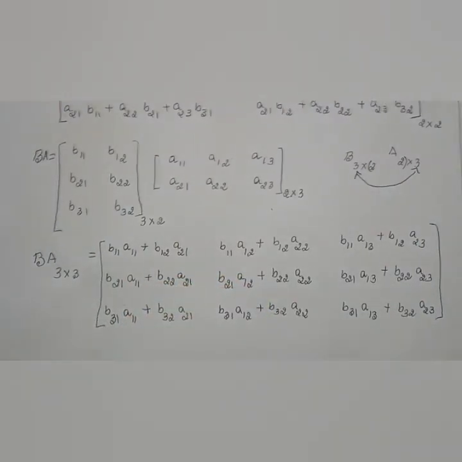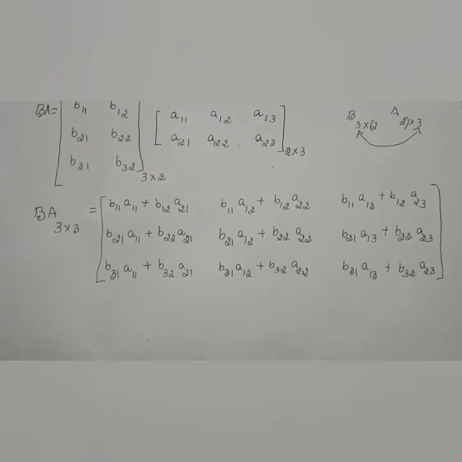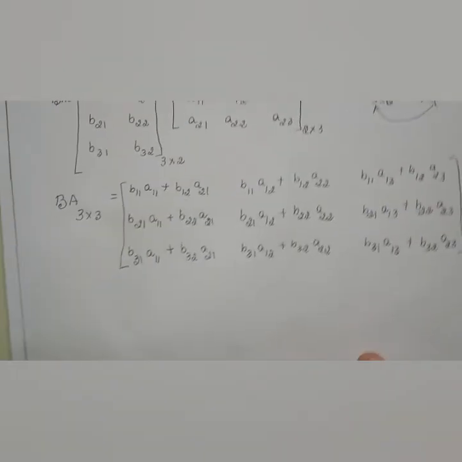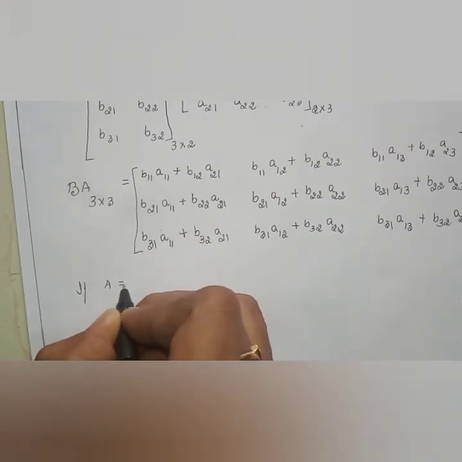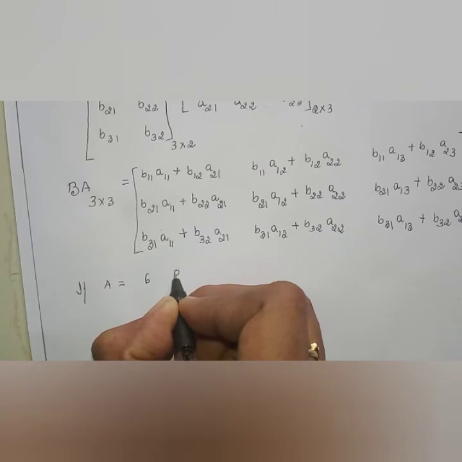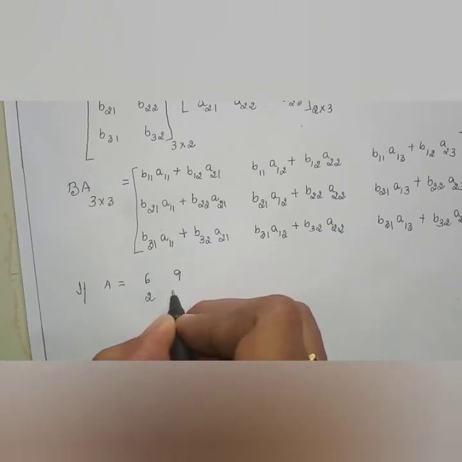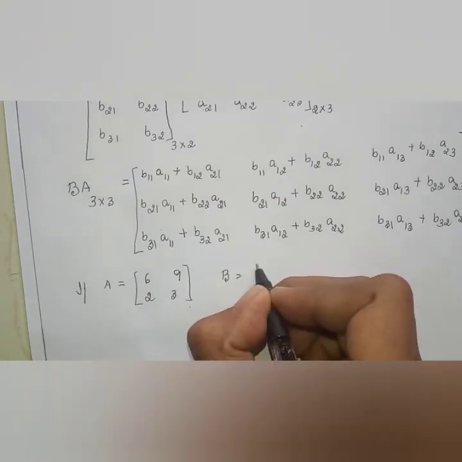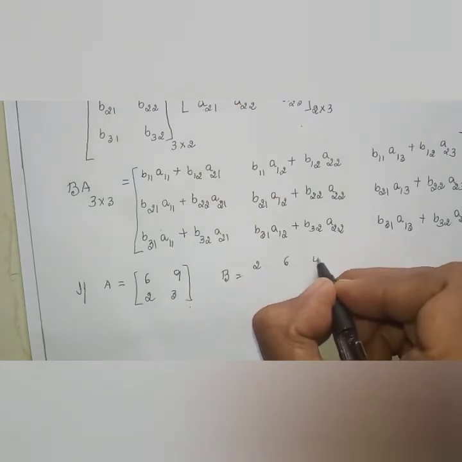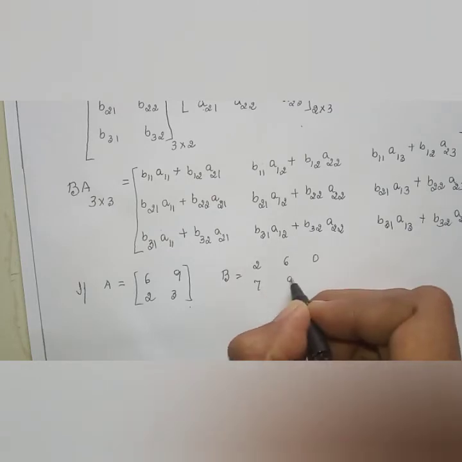So in this example, both AB and BA exist. I'll consider one particular example here. If A is equal to [6, 9; 2, 3] and B is equal to [2, 6, 0; 7, 9, 8].